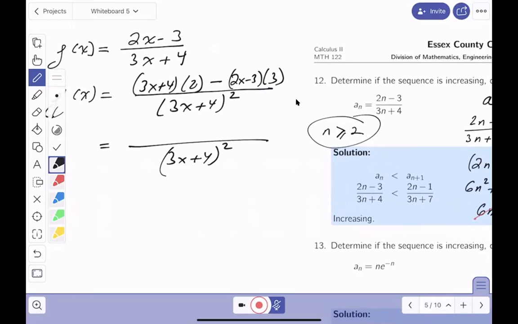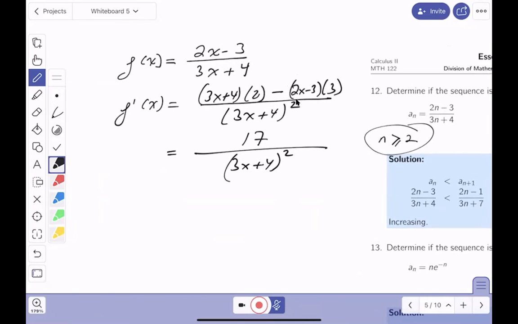There are no x's. 8 plus 9, that's 17, right? What do I know about this guy over here? It's going to be positive. It's increasing on its domain.